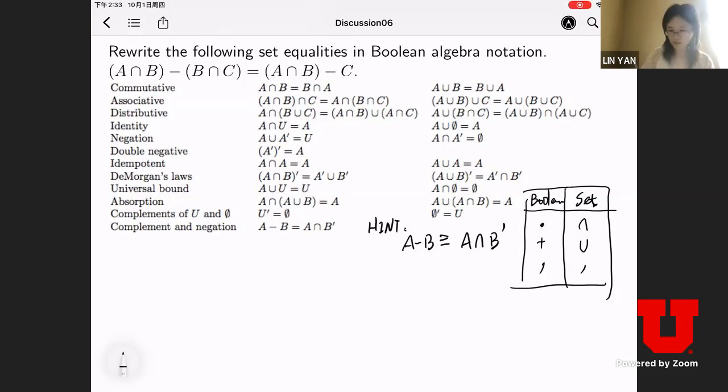Because we don't have the relative complement in the Boolean algebra, we need to rewrite the original statement.